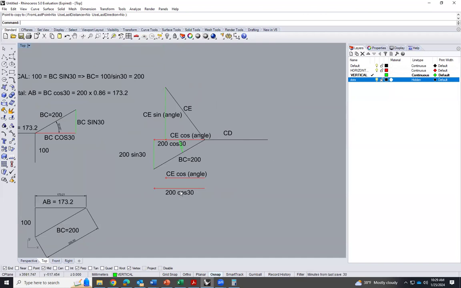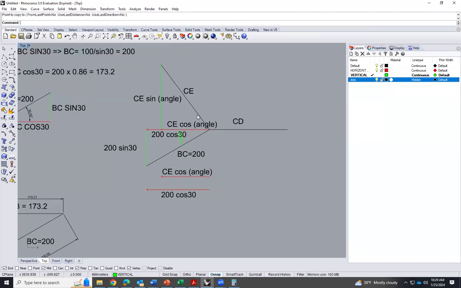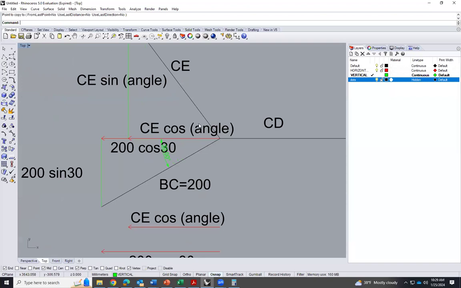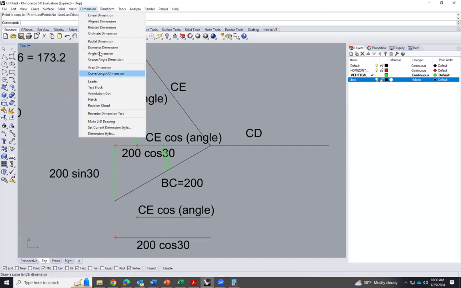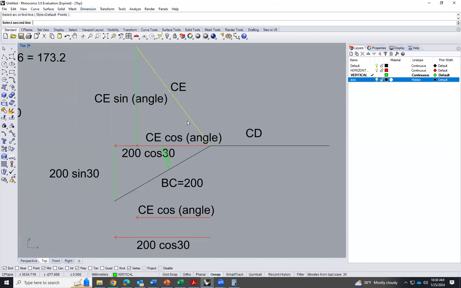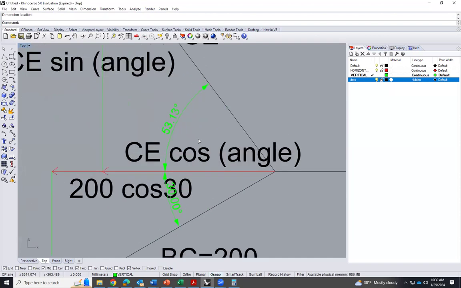Okay, so that's it. To make things clearer, we can calculate the angle. If we're working with a graphic, we can use dimension, angle dimension, and then we can have this angle here. It's 43.1.